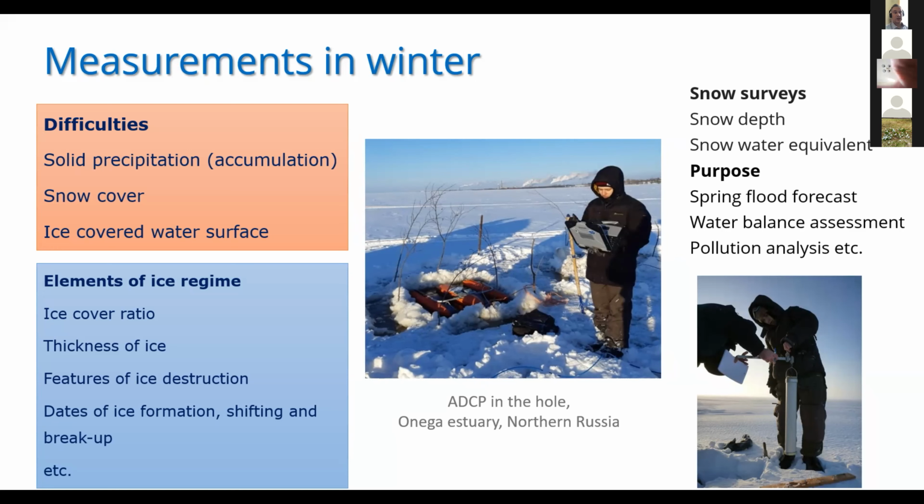And snow surveys are being made to have information about water balance, about amount of water which will come into rivers in spring. And it's also very difficult and not so widespread in Russia. Now, for example, it's not enough to have information about snow cover distribution. So snow cover surveys are the basis for remote sensing data and remote sensing use for snow cover, snow depth and snow water equivalent assessment.